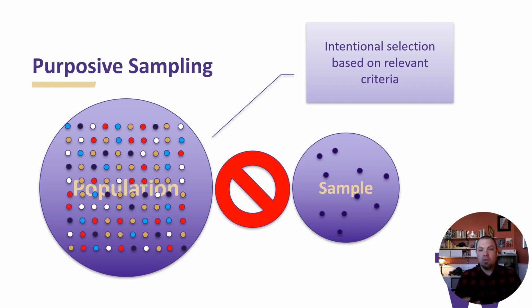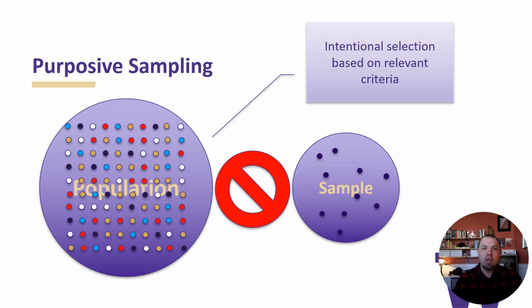Then we can sample CNN specifically and ignore the other types of news media, right? And so that's different than convenient sampling, right? It's not a convenient way to do this research, but we're doing it purposefully because we're interested in that specific question.